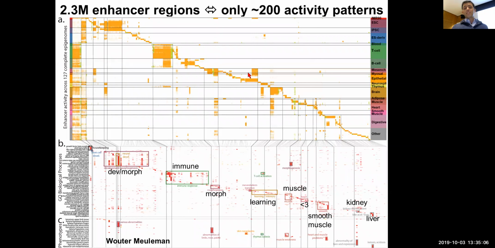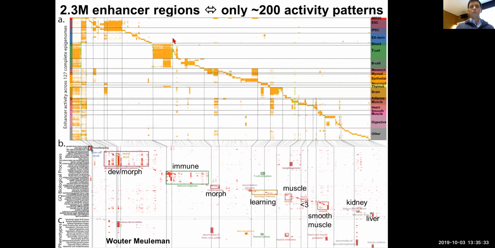And you can do that systematically by clustering enhancer regions based on these activity profiles. So you can build a vector of activity across these 127 cell types for every enhancer. So you have 2.3 million enhancer regions. You can build a 127 long vector for each of them, and then cluster these vectors and see what are the clusters that emerge.